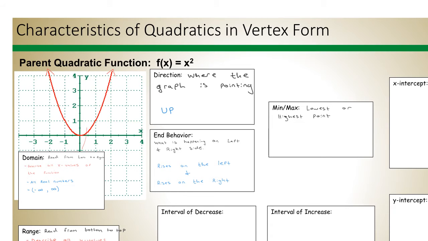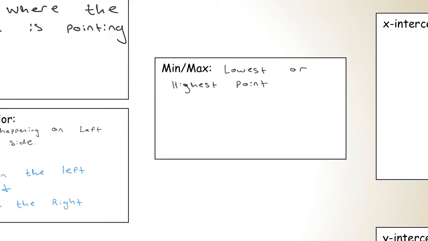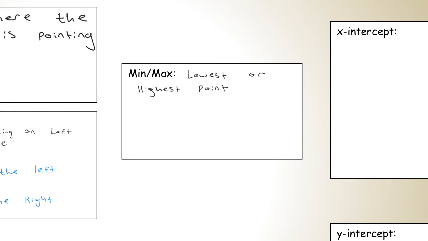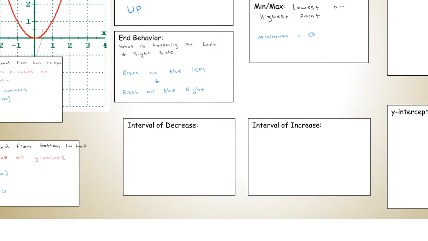The y value of that vertex is 0, so this function would have a minimum, and that minimum is 0. We're just describing the y value of that minimum or maximum, okay?